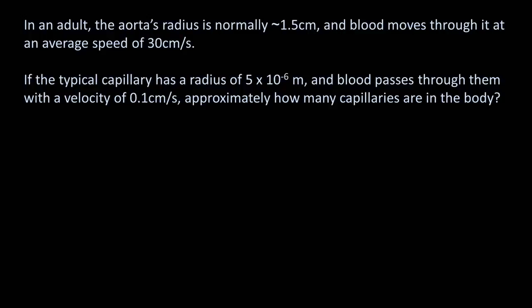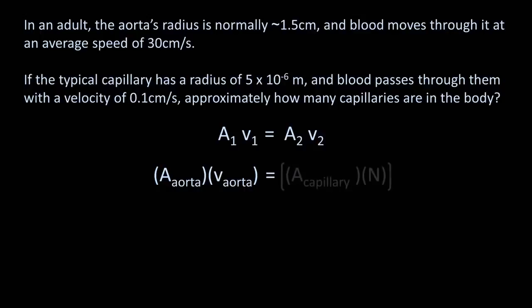Again, another continuity equation problem. In this case, area 1 is the cross-sectional area of the aorta, and velocity 1 is the average speed of blood in the aorta. But what is area 2? It is the total cross-sectional area of all capillaries, which is the cross-sectional area of one capillary times n, where n is the total number of capillaries.